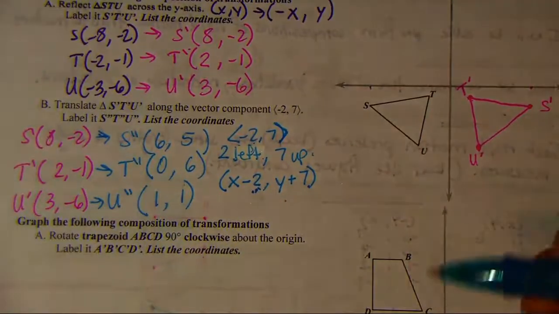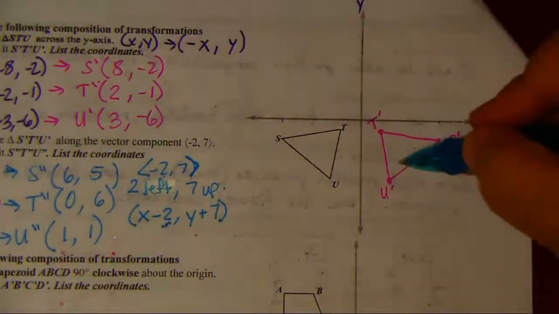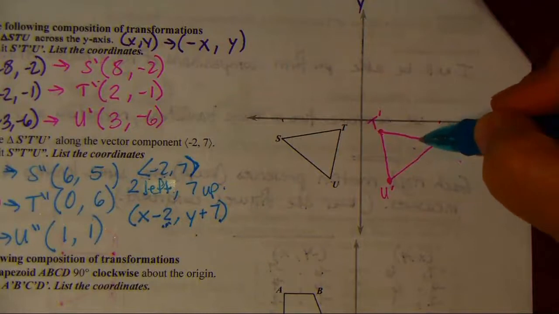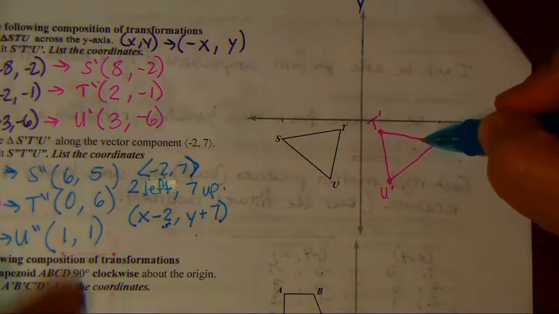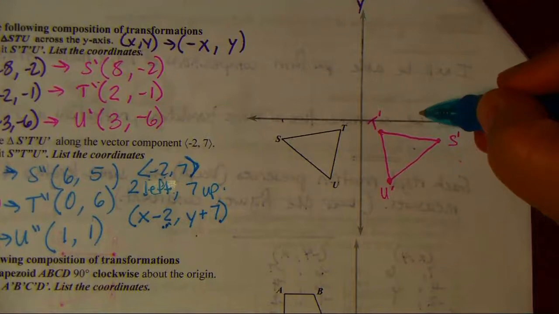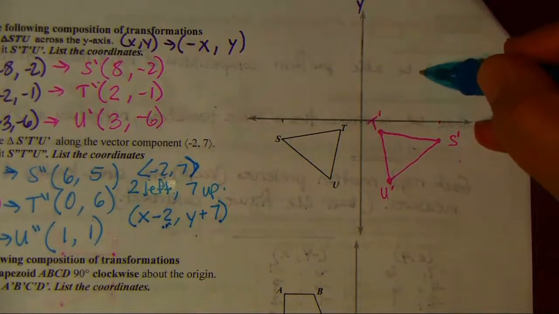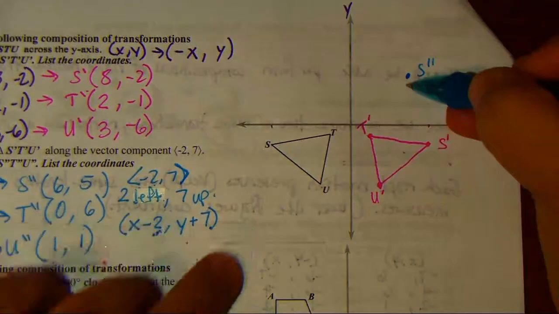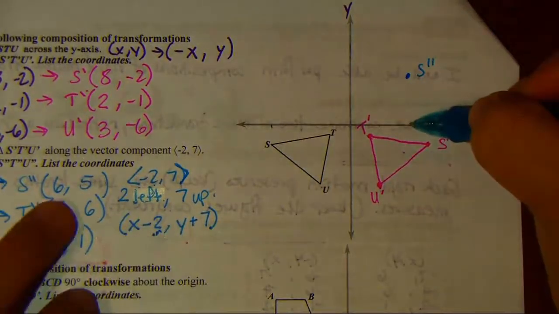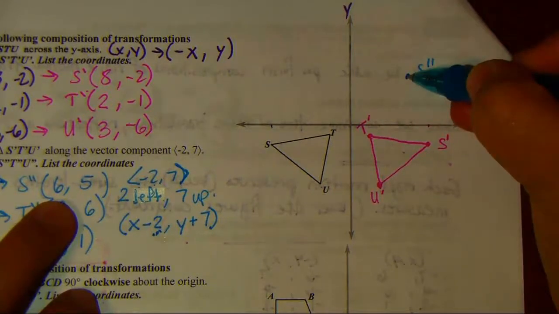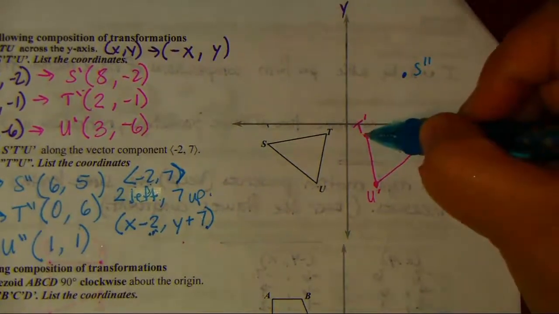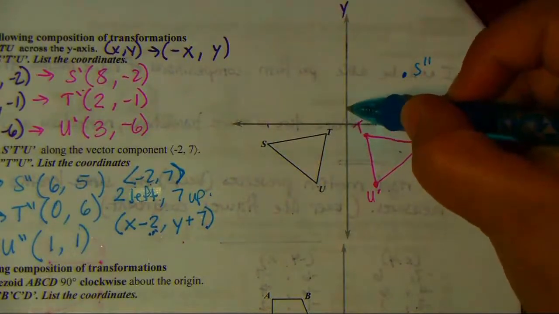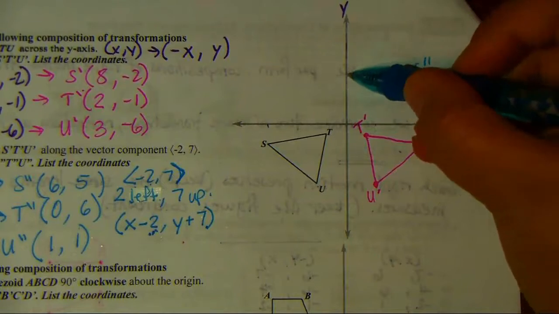Or I could count. So if I were to start from s prime here and go 2 to the left, I'd have 1, 2 to the left, and then 7 up would be 1, 2, 3, 4, 5, 6, 7. And this would be my s double prime, which is exactly at 6 and 5. My t here, 2 to the left, 1, 2, 7 up, 1, 2, 3, 4, 5, 6.